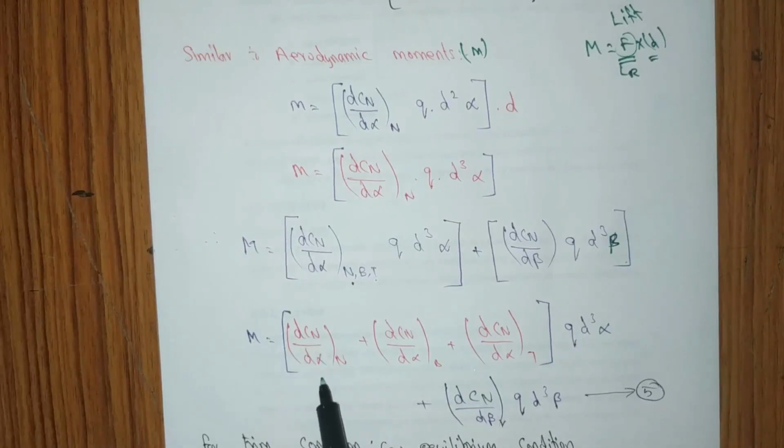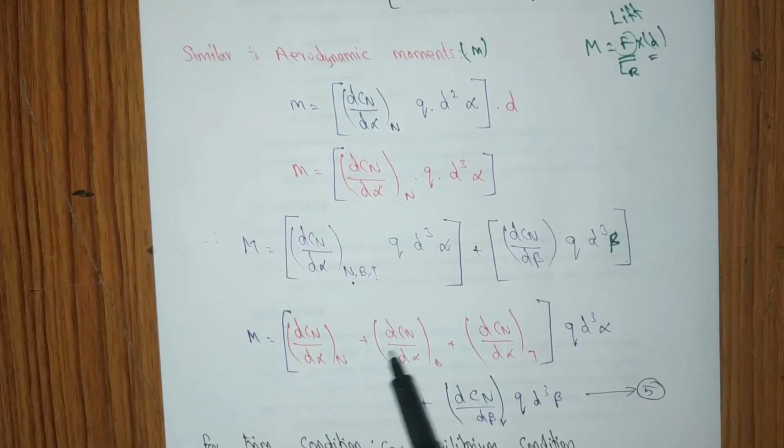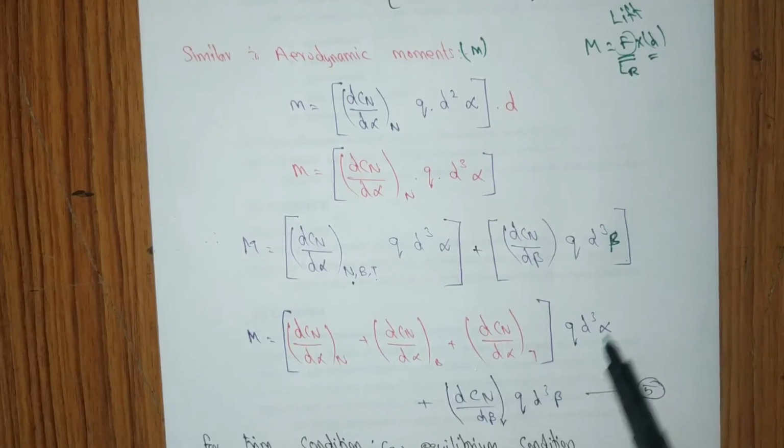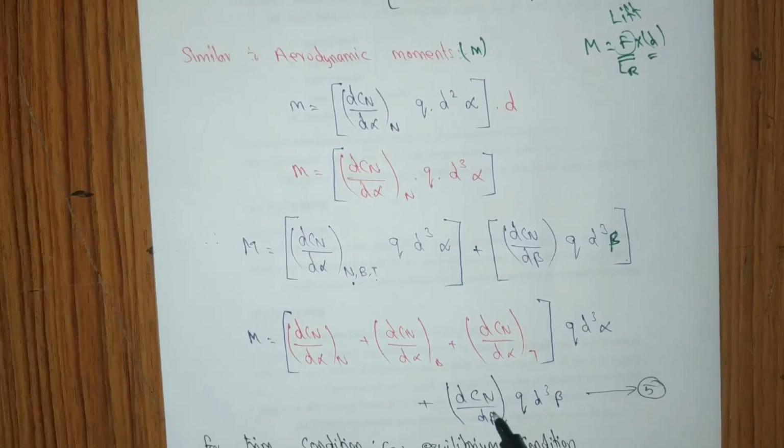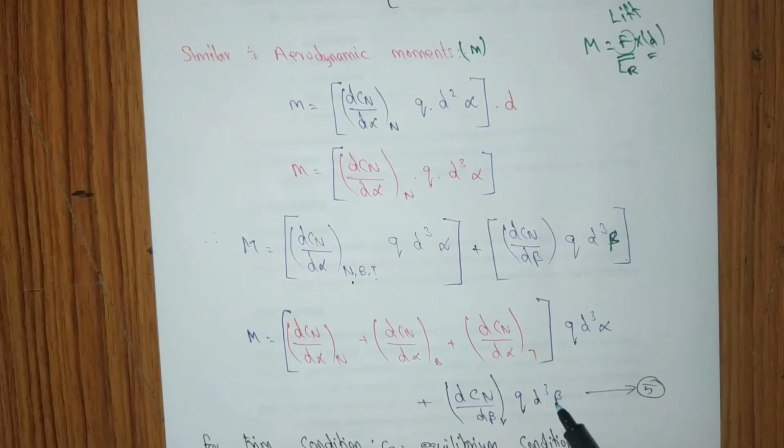M equal to dCn by d alpha for nose plus dCn by d alpha for body, dCn by d alpha for tail, into q d cube alpha. That is very important. The formulas are the same, only the term is varying, d cube, plus dCn by d beta for the vector component, into q d cube, this d cube for beta. So this is the moment equation for the missile.